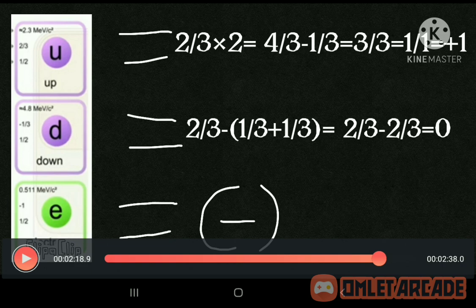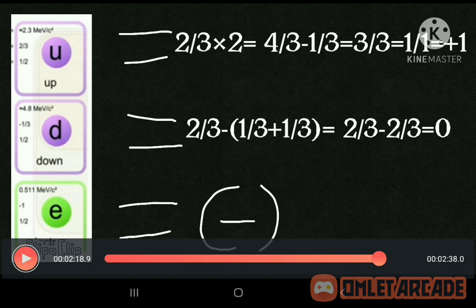So because neutron has 2 down and 1 up, we have to apply the charge of up, and it's 2/3. 2/3 minus 1/3 minus 1/3 is equal to zero. It's zero.